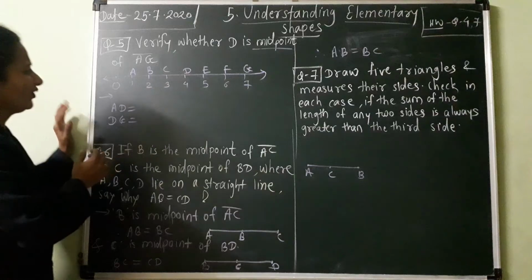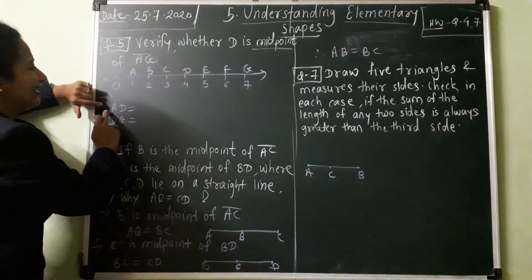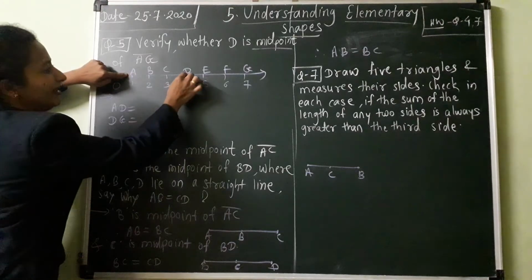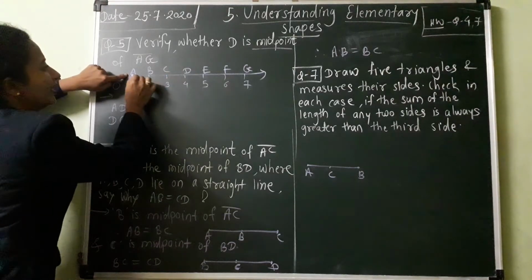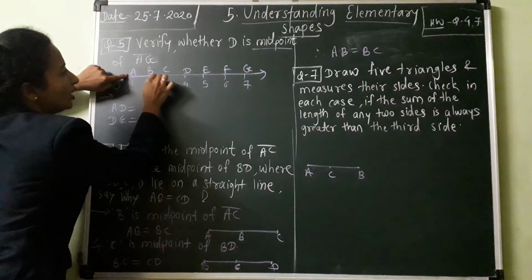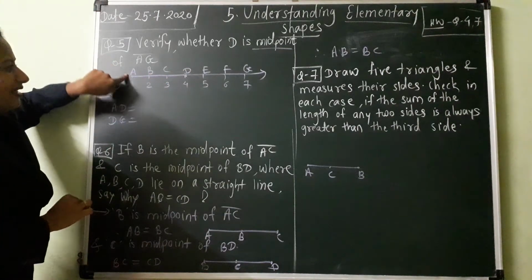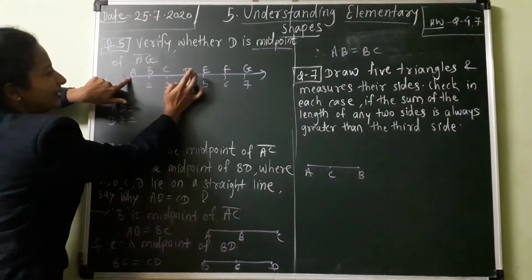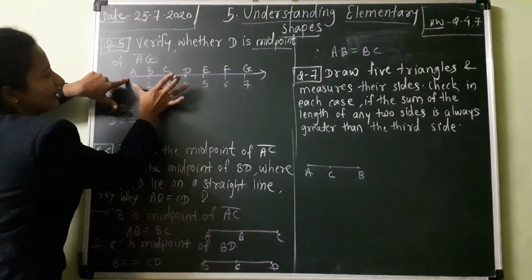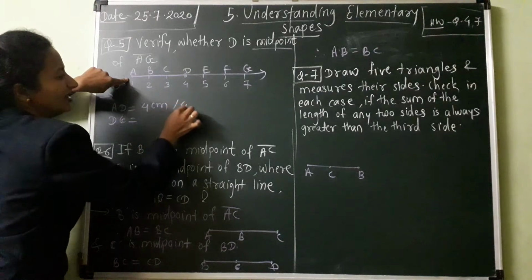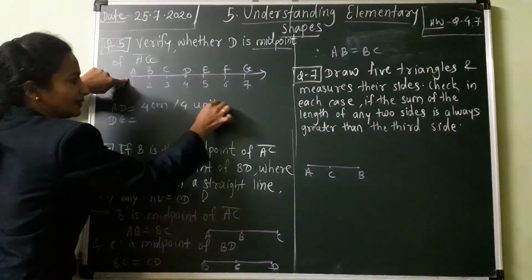First we'll check the length of AD. A point is here and D point is here. We have to measure the length of this line segment AD. What is the length of AD from A to D? It's 1, 2, 3, 4. It's 4 centimeter, or we can say 4 units.